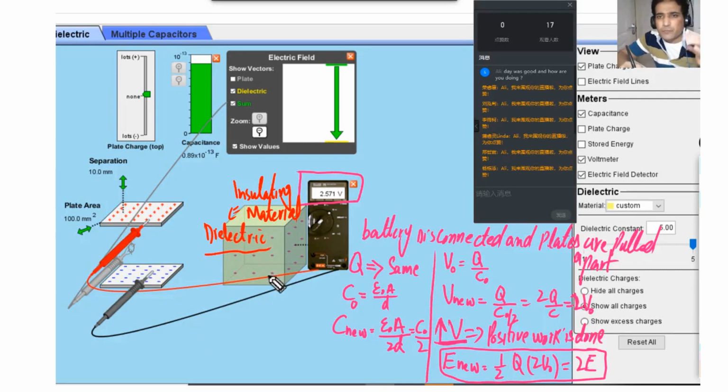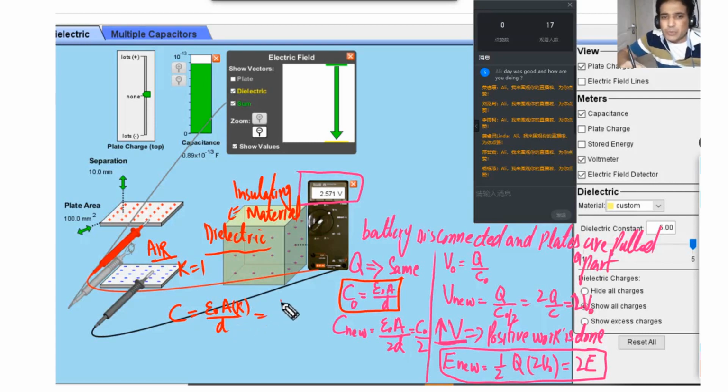So what is the effect of a dielectric on capacitance? Let's say we have one capacitor, here we are talking about this capacitor now. What is between these two plates? That is air actually. K for air is equal to 1. That's the reason for the formula we write here: C is equal to epsilon naught A over D, because K is equal to 1.